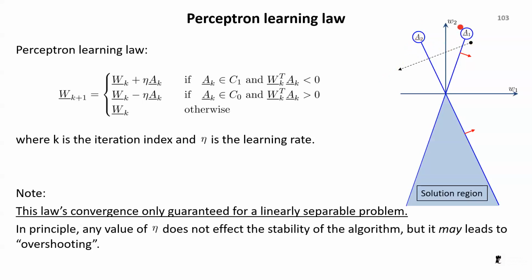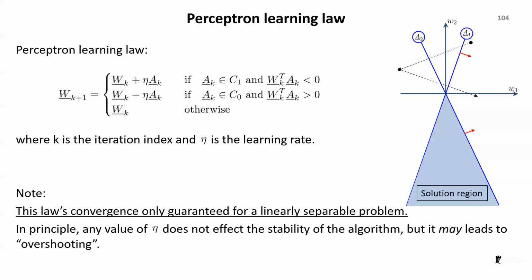Now, if we check A1 after A2, this weight is not appropriate for A1, so it needs to correct again, and the correction will be perpendicular to this line, right? So that's why it's going there. Now, we check again for A2.